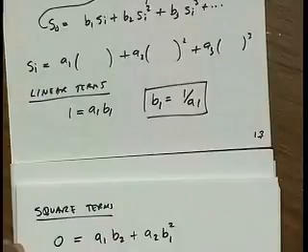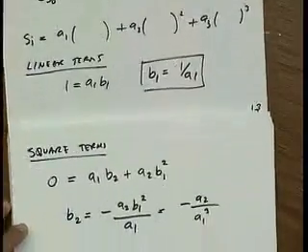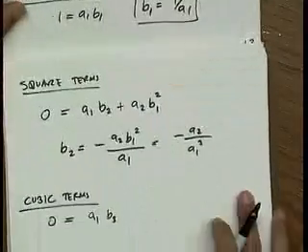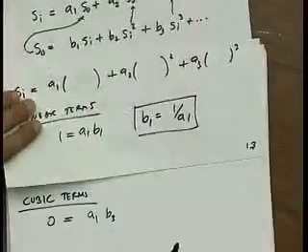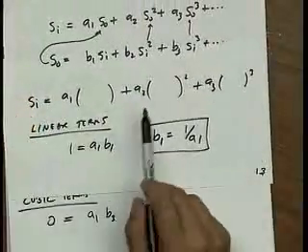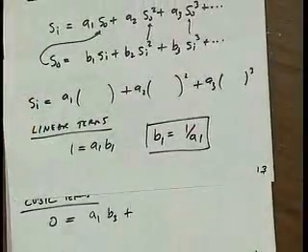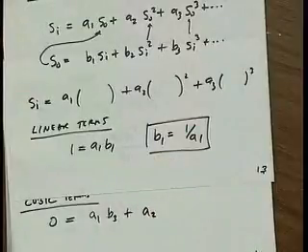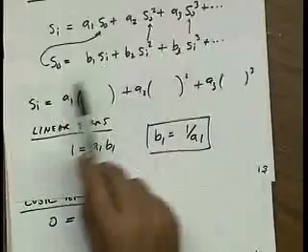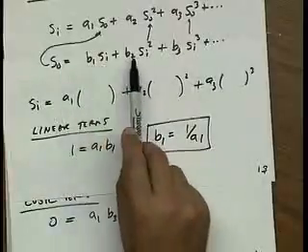So that's going to be A1 B3. If I look here, my A2 term will have basically 2 cubic terms. When I square this, I'll multiply this by this 2 times.